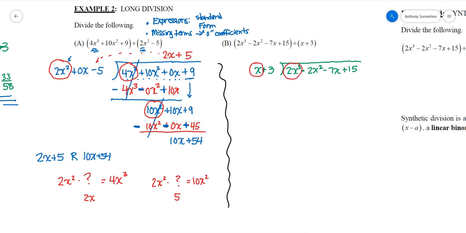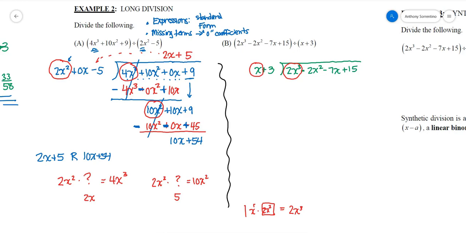And I have to ask myself, okay, x times what equals 2x cubed? Well, I went from having a coefficient of 1 to a coefficient of 2, so that means I had to multiply this by 2. I went from an x to the first power to an x cubed, so I had to multiply this by x squared.